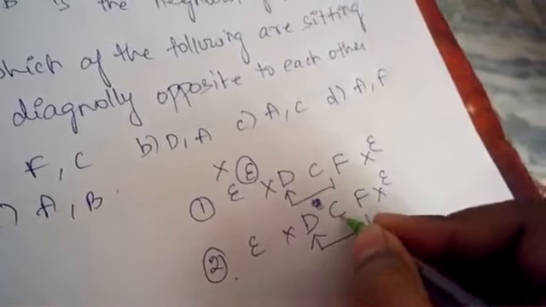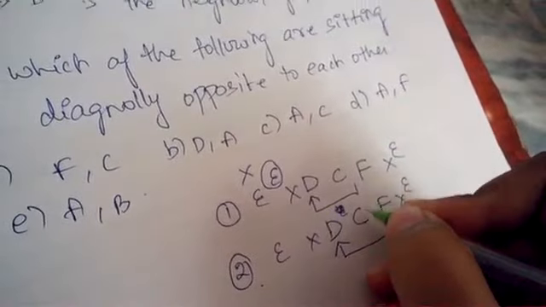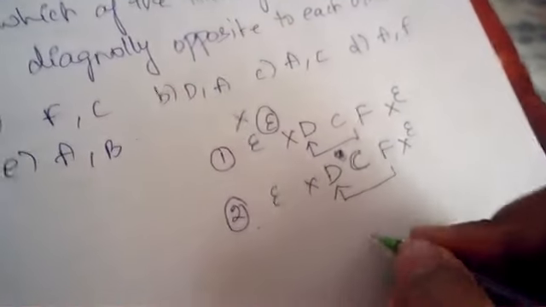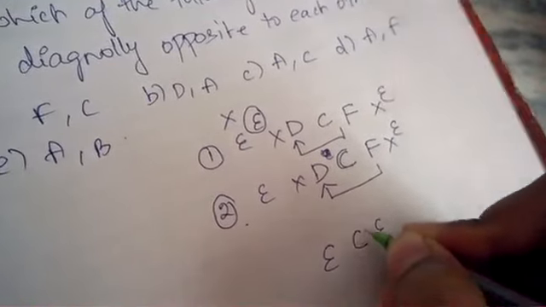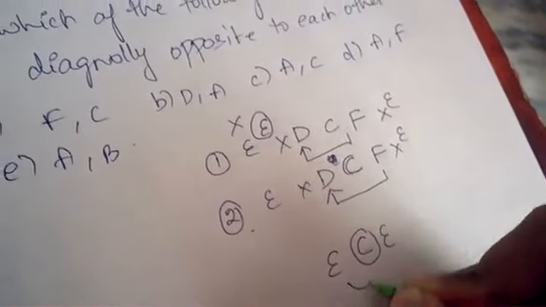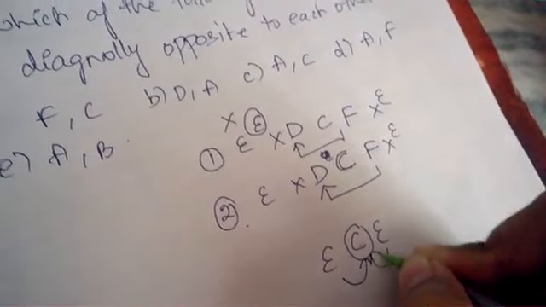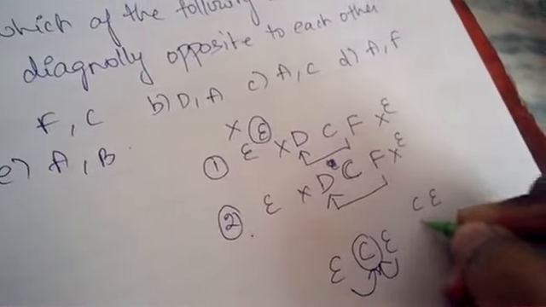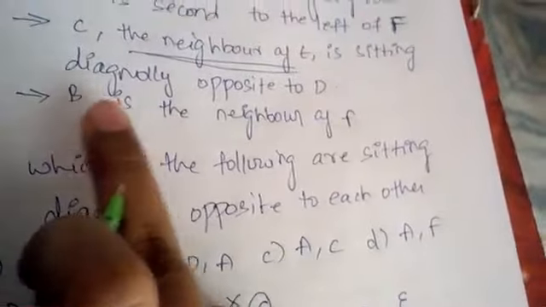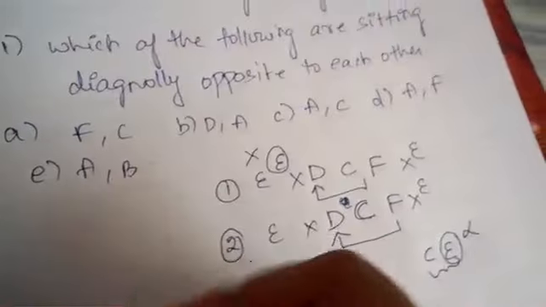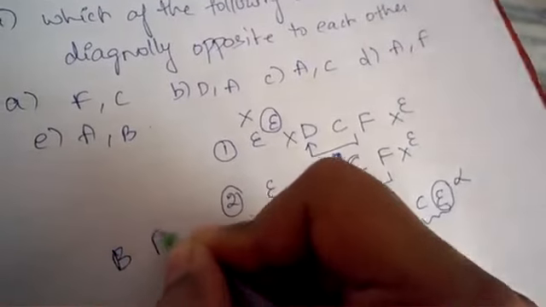C is the neighbor of E, so C will be here and E will be at the side of C, because E's neighbor is C and C's neighbor is E. So C and E will be side by side and E will never be at the end of the row. This is one condition. The last condition is B is the neighbor of F.